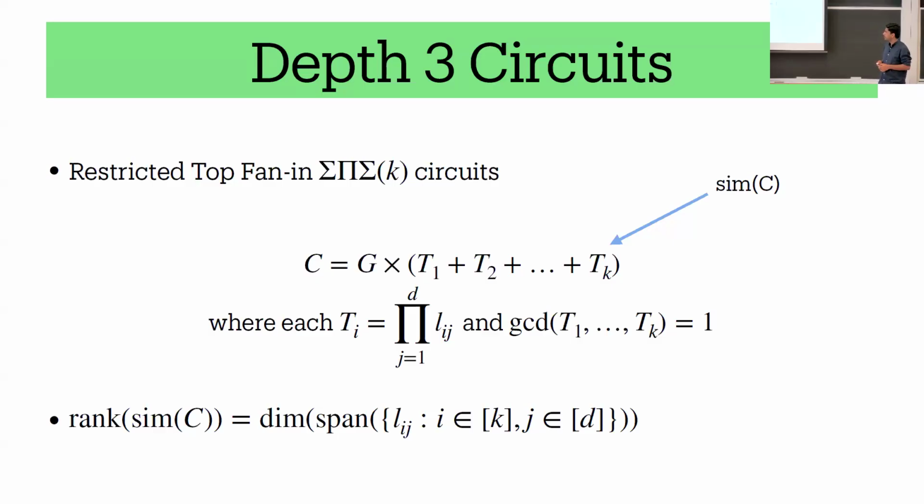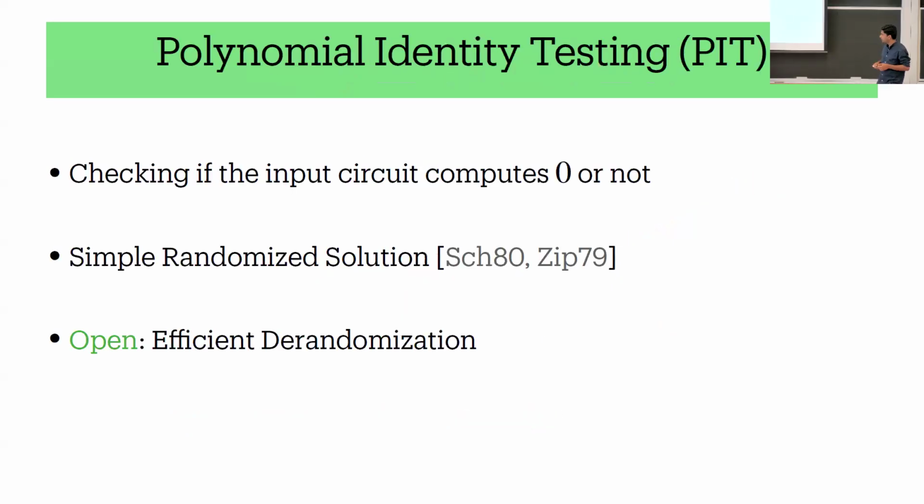This is a kind of obvious restriction, but have these kinds of circuits been studied before? The answer is they have been studied for the problem Robert talked about, PIT, where you're given a circuit and you have to check if it computes the zero polynomial or not.